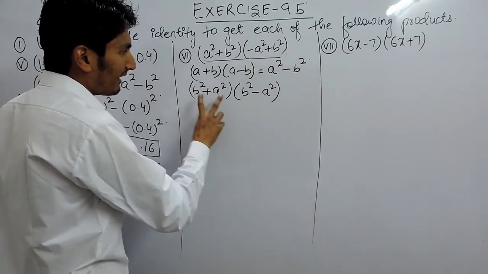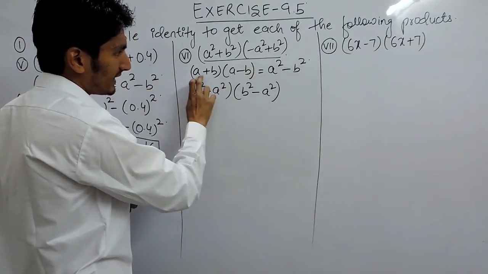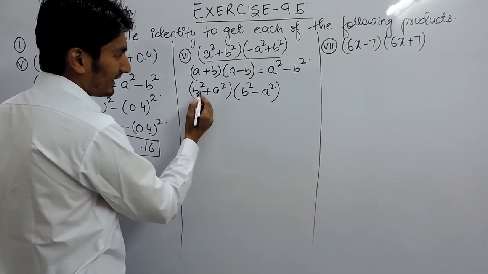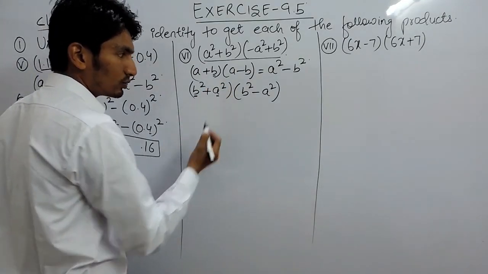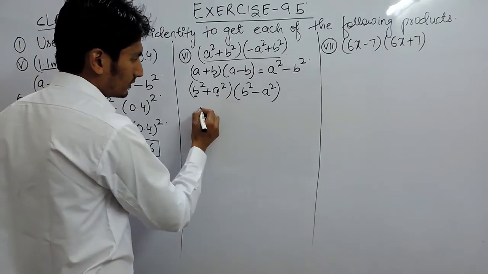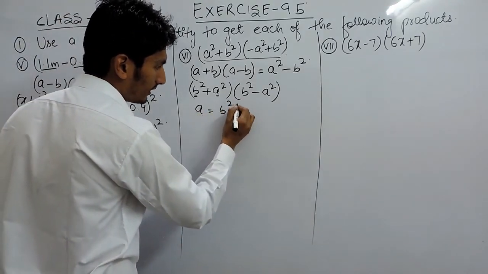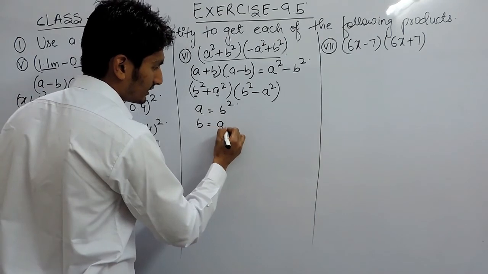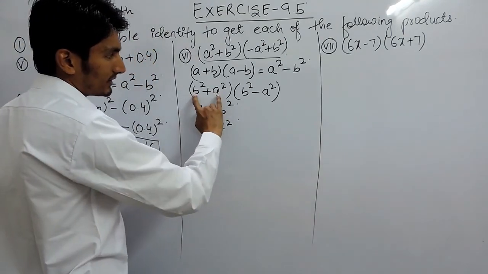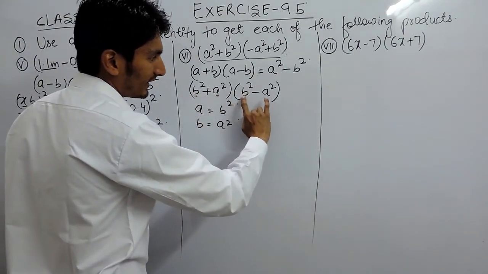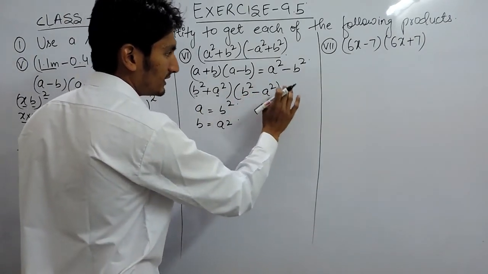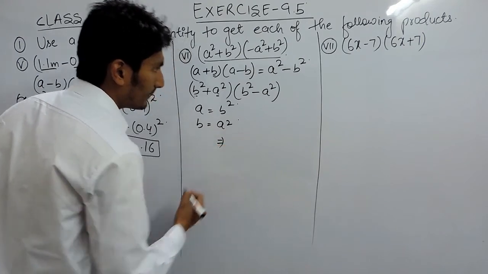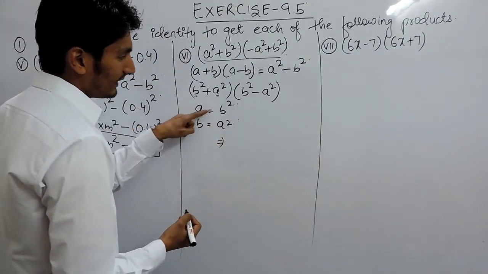Now I have converted this into this form. This is a plus b. Our a here is b square and our b here is a square. So this is a plus b and this is our a minus b. And we know that a plus b into a minus b is equal to a square minus b square.